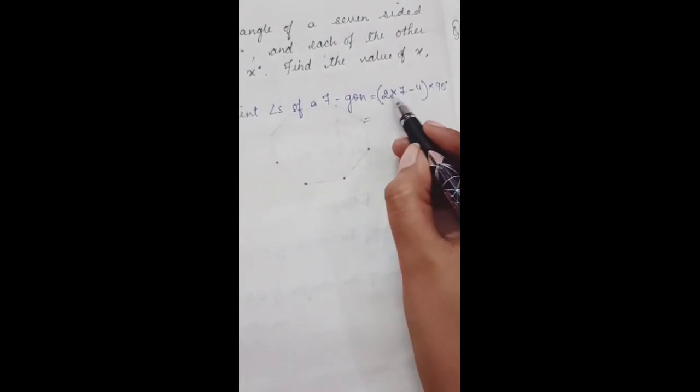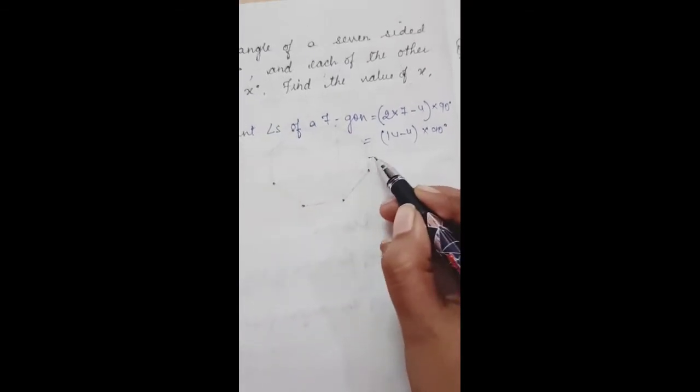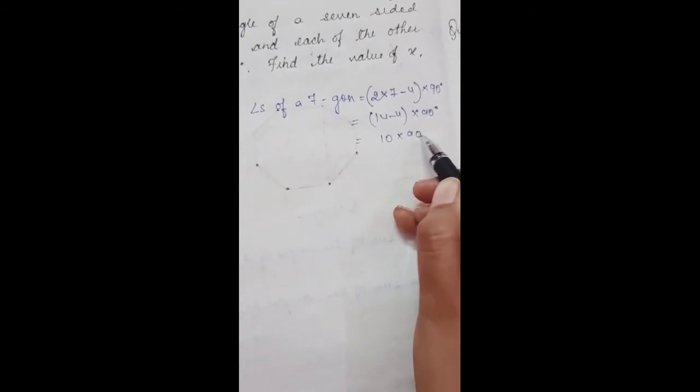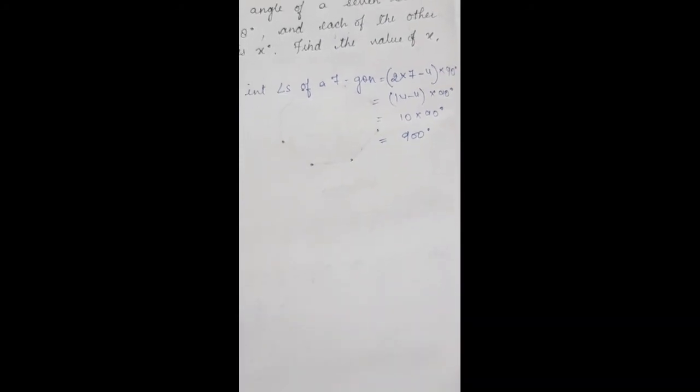Here the value of n is 7, right? Now 14 minus 4 into 90 degrees. Here we get 10 into 90 degrees. So here we get the sum of the interior angles of a 7-gon is equal to 900 degrees.